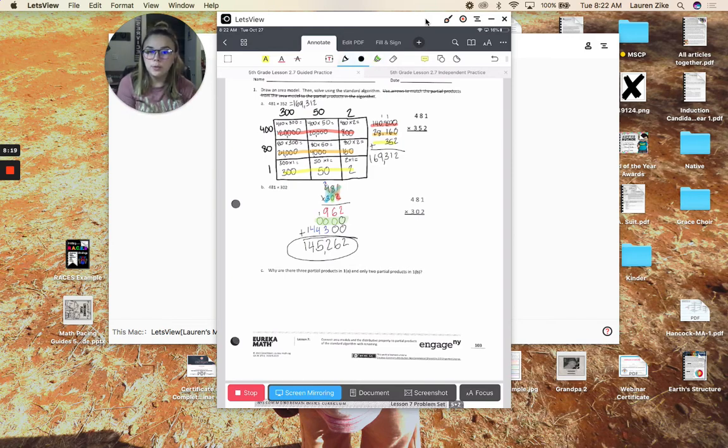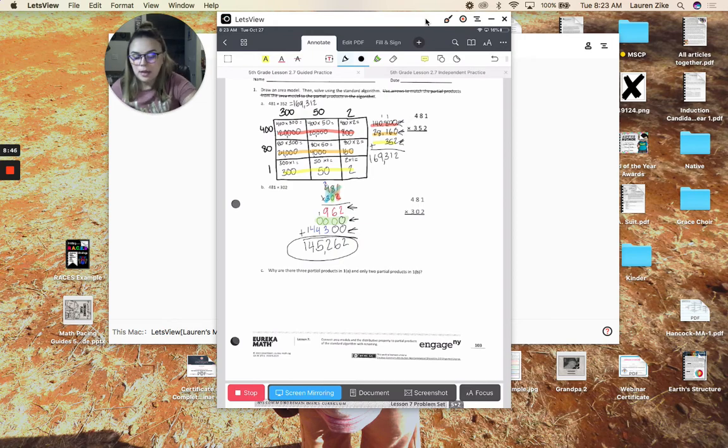When we're doing our standard algorithm, we're doing sort of a modified partial product, right? Because this is a part of the product, this is a part of the product, and this is a part of the product. And it's asking, why are there 3 partial products? So 1, 2, 3 in 1A, but only 2 in 1B.